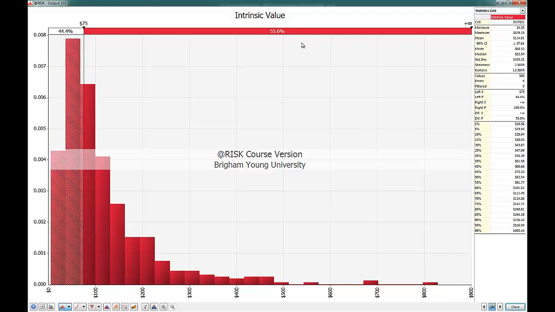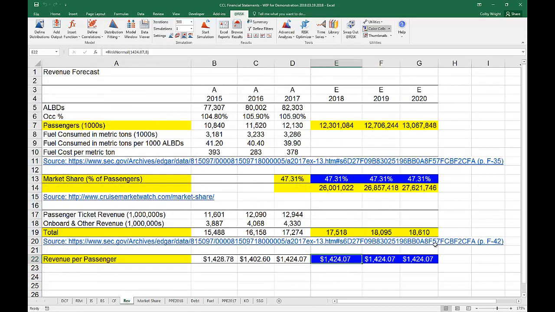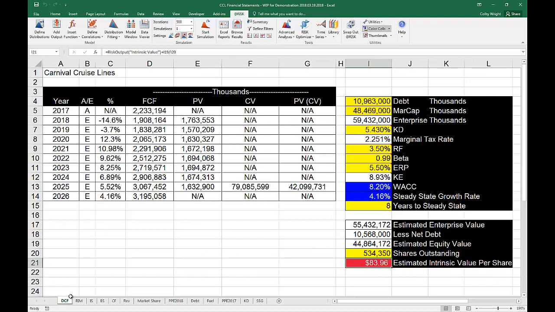So I'm not going to come in too emphatically on this. I'm going to realize that depending on what happens, if these oil prices go the wrong direction, if my steady state growth rate is lower than 4.16%, if our market share doesn't hold at 47.31, if for some reason our revenue per passenger doesn't hold at 1424.07, then there's a decent chance we don't arrive at a buy recommendation.